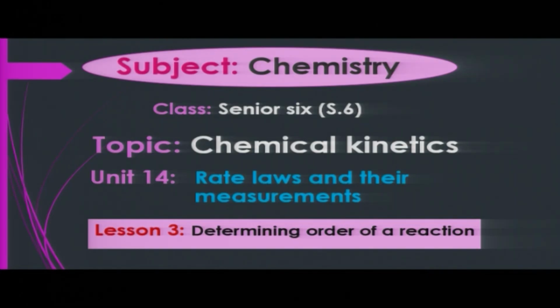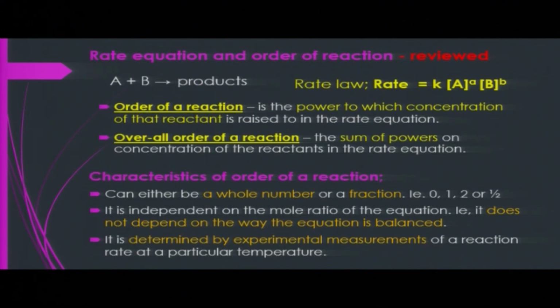So, let's take a quick recap on the last lesson to bring you up to speed on what we are going to look at. We ended on order of a reaction and the rate equation. Basically, we looked at how to come up with that rate law or the rate equation, and we said rate law is about seeing how the rate of reaction varies with changing concentration.